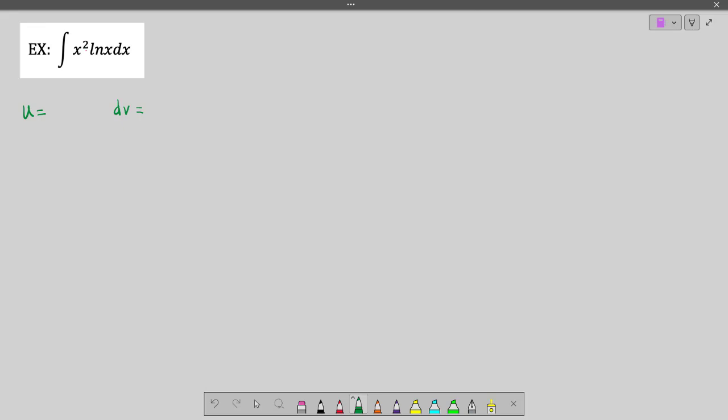And once we have it split into u and dv, then we have to find du and v. So on the left side, we're going to differentiate whatever we choose for u. And on the right side, we're going to integrate whatever we choose for dv to get the other two missing pieces.